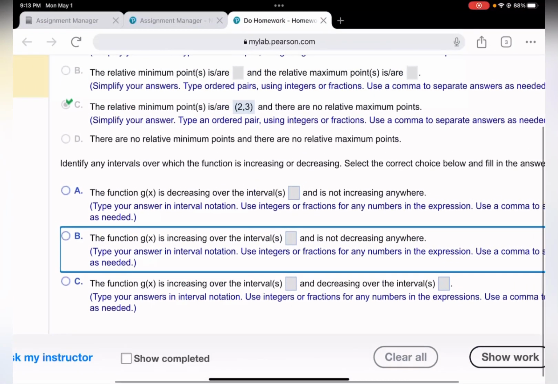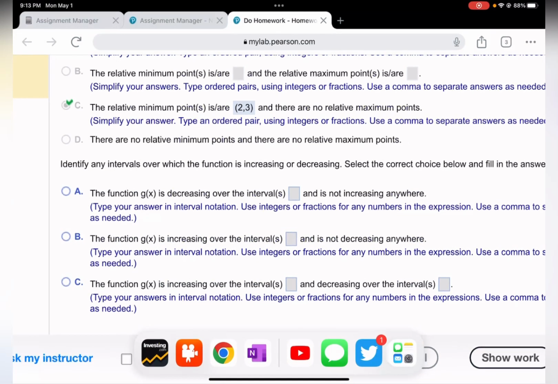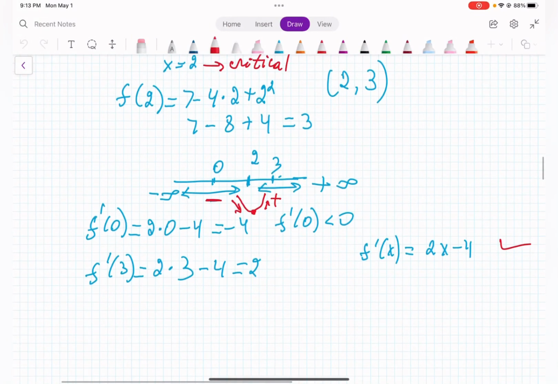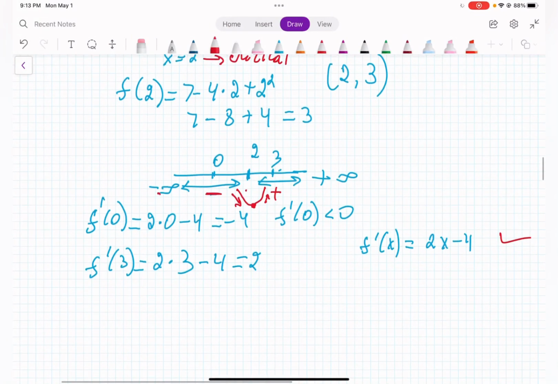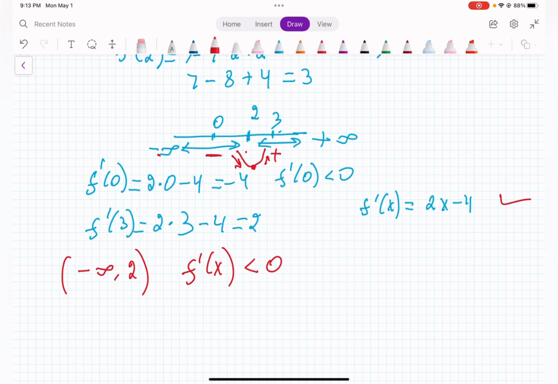Okay, identify the interval over which the function is increasing or decreasing. Well, we already identified, so on the interval negative infinity to 2, it's decreasing, right? F prime of x is negative, less than 0, so it is decreasing. And from 2 to positive infinity, we have plus. That means it is increasing.